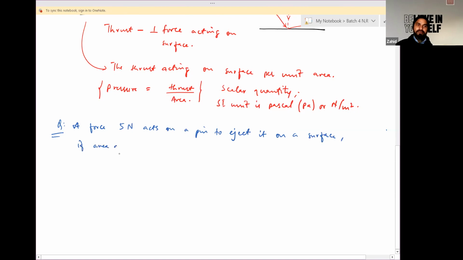If area of its tip is 0.2 mm square, find pressure exerted. Just use the above formula.